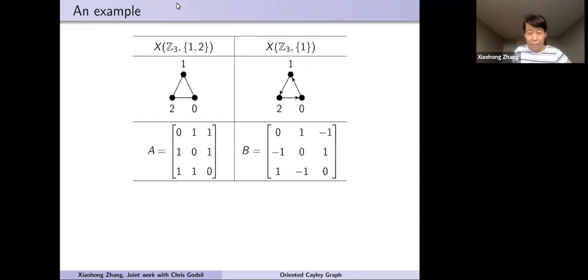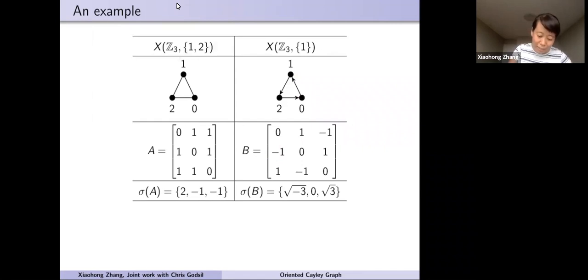For the adjacency matrix, for example, if we have an arc from 0 to 1, the (0,1) entry is 1, and the transpose (1,0) entry is -1. If we check the eigenvalues, this is closed under the equivalence relation, so as the result tells us all the eigenvalues are integers.